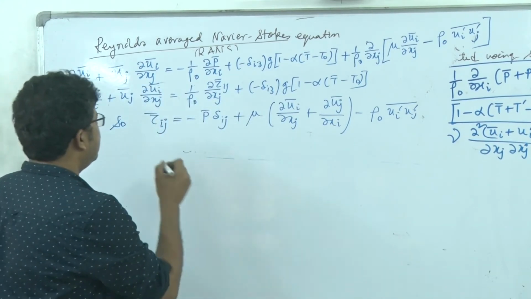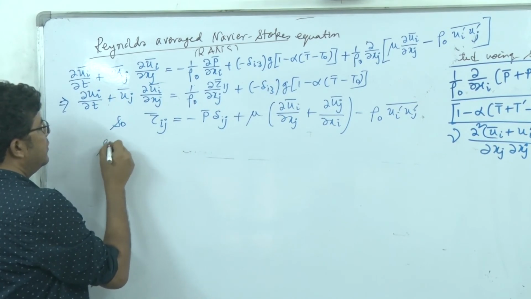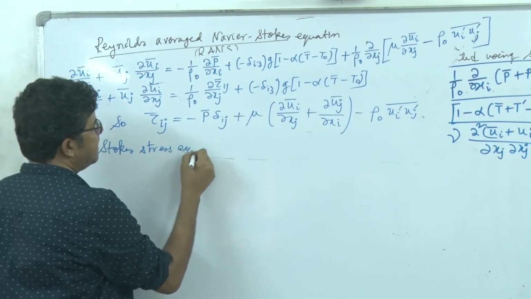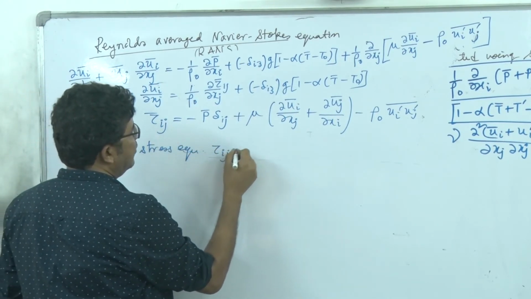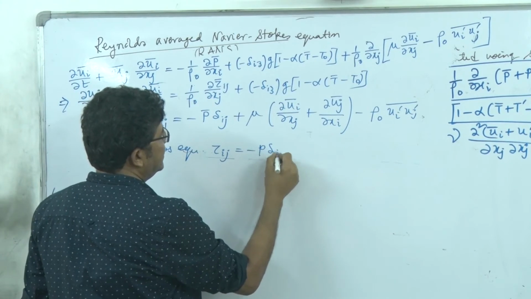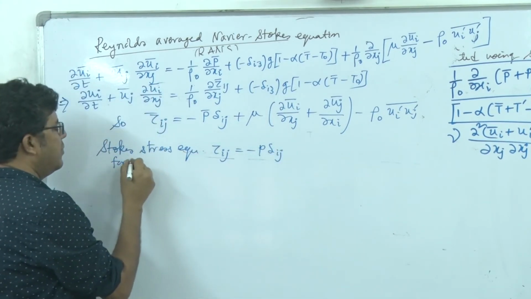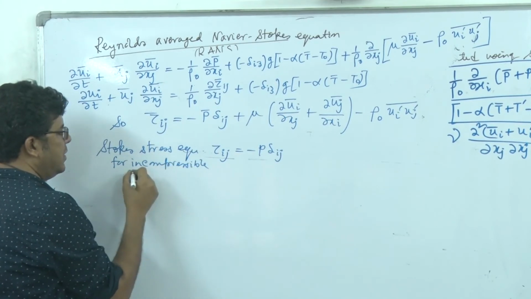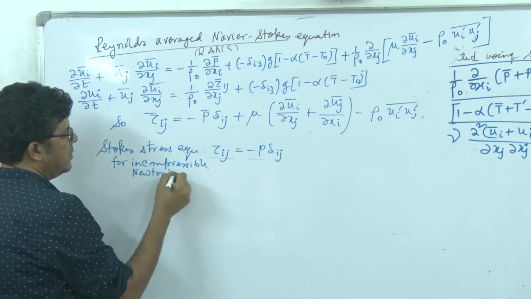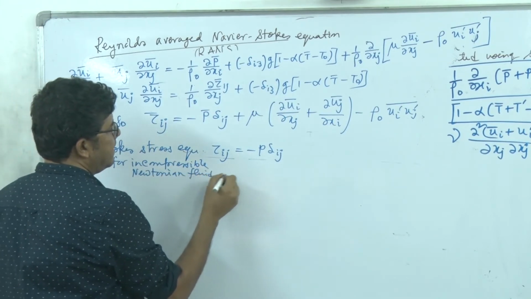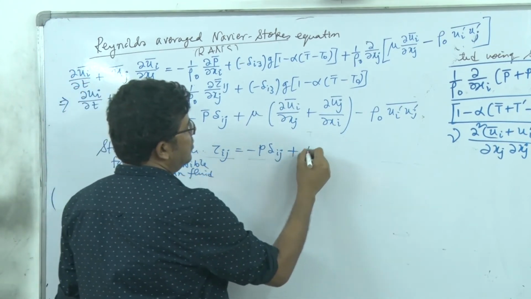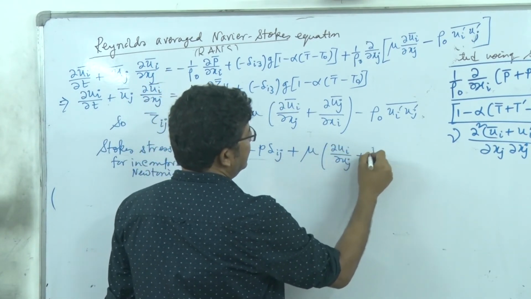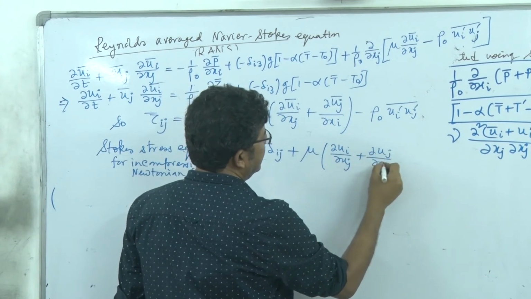So Stokes stress equation, we can write it as tau ij is equal to minus of P delta ij for incompressible Newtonian fluid, plus mu into (del ui del xj plus del uj del xi).